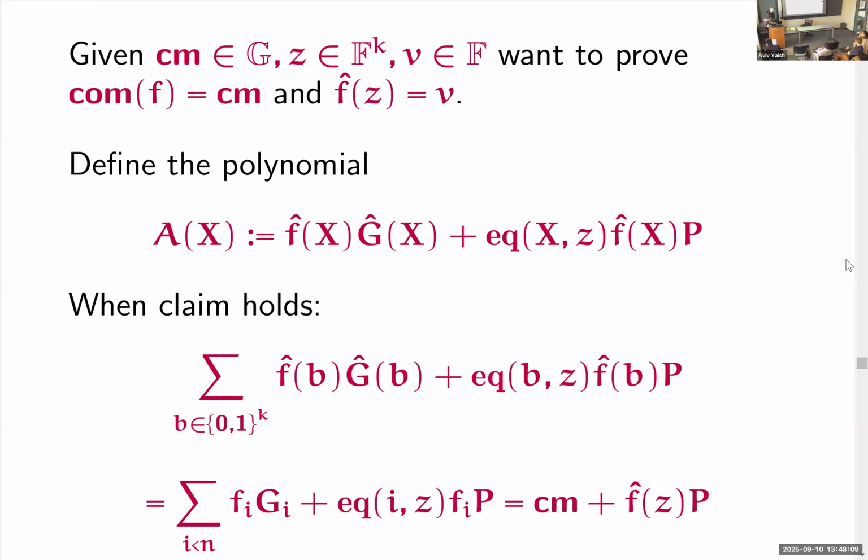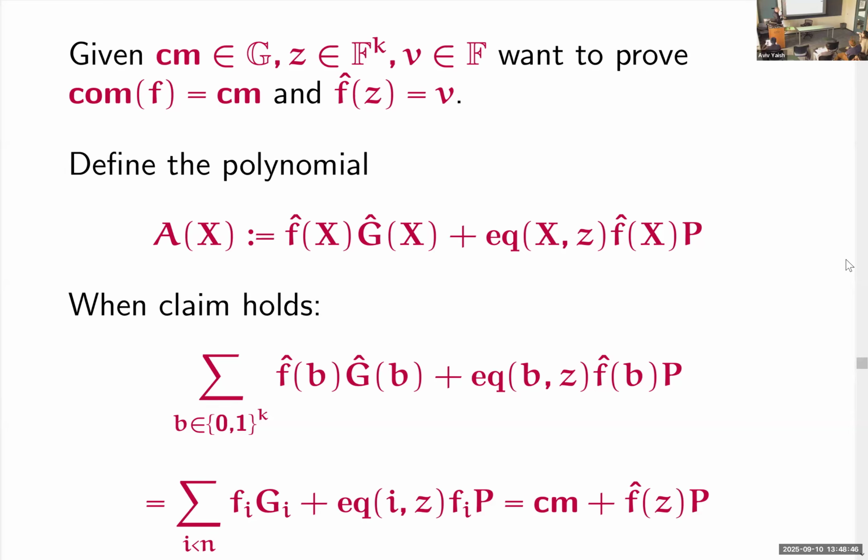Exactly, yeah. To break it down a bit: say that instead of this one sum, we had two separate sums. We had the sum of f(b)G(b), and we knew it was equal to Cm, and we knew separately that this part is equal to vP. Then by definition it would mean that Com(f) is Cm and f(z) is v.